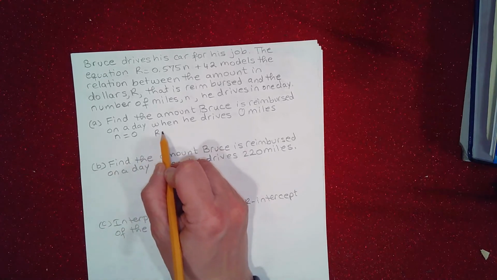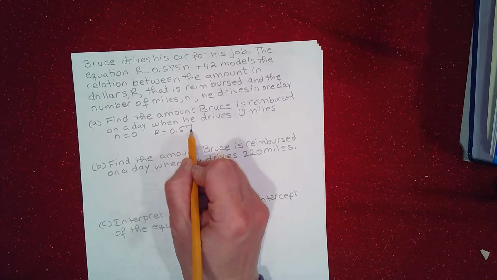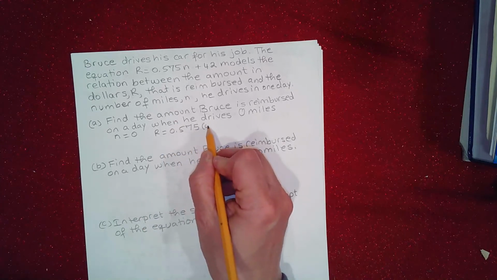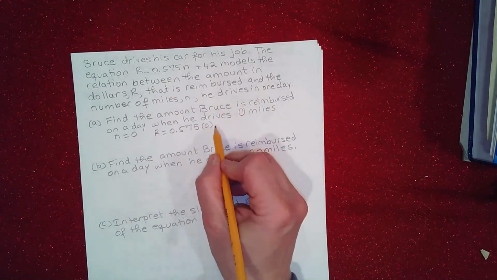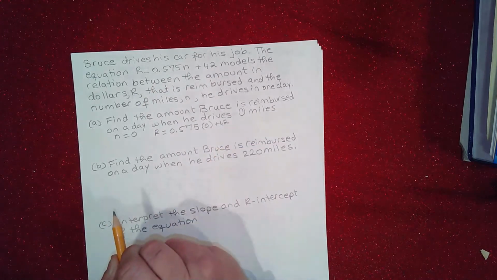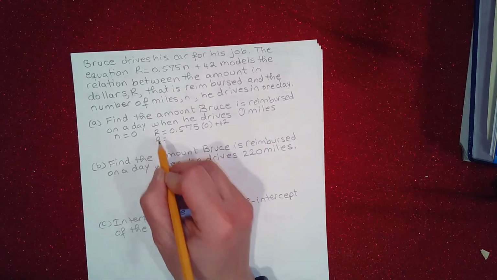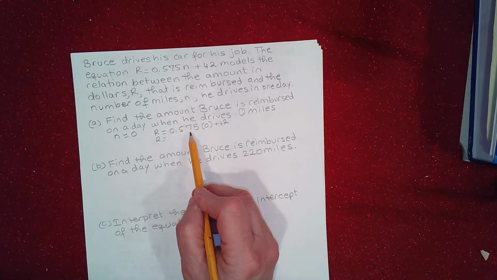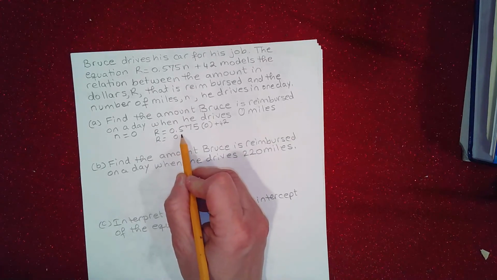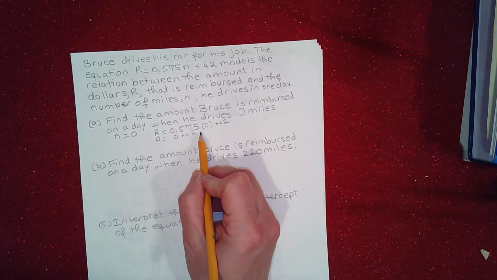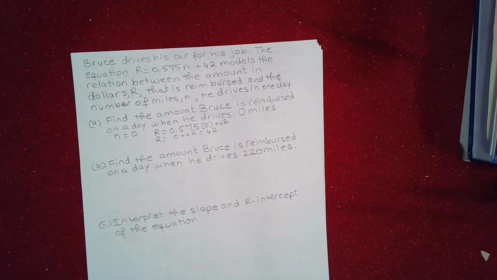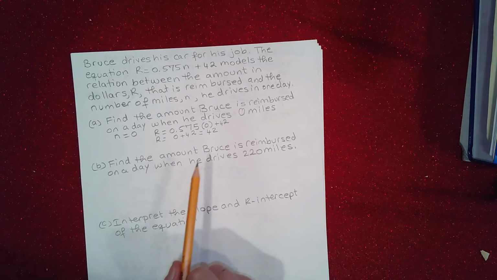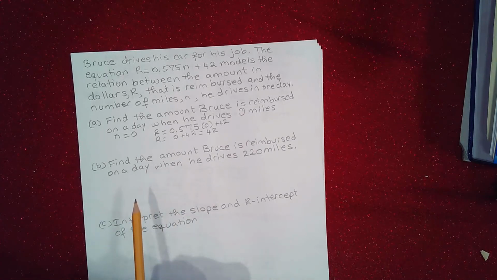So R would be equal to 0.575. n is 0, so times 0. I'm just using this equation, plus 42. So then R becomes equal to 0.575 times 0, that's just 0, plus 42. So R is equal to 42. So what does this mean? When Bruce drives 0 miles, he will be reimbursed $42.